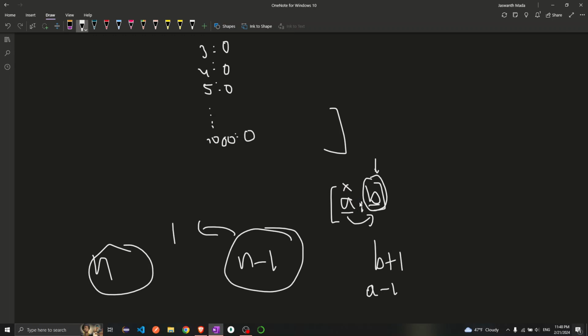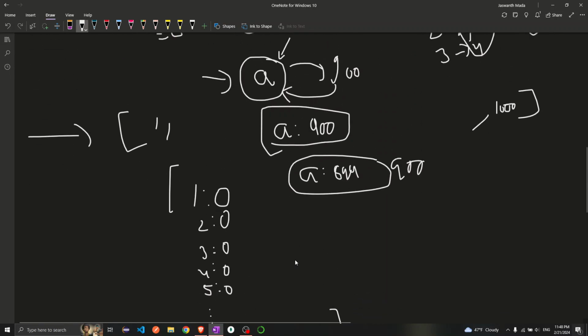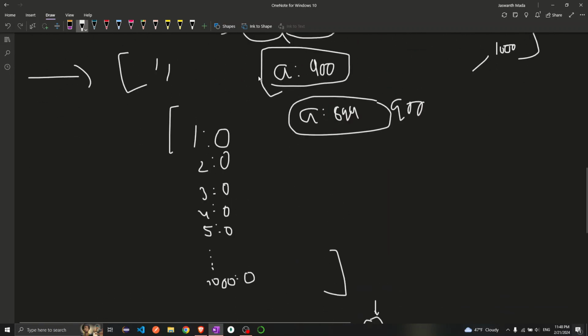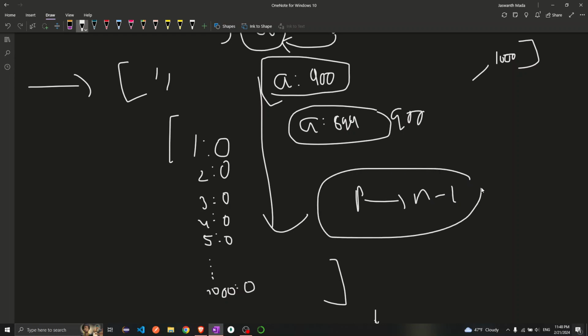So at this point, A loses his ability to become a judge, right? So this is the idea, and at the end we'll just traverse through the map again and see which person has n minus one trust. Then that person is the judge, right?